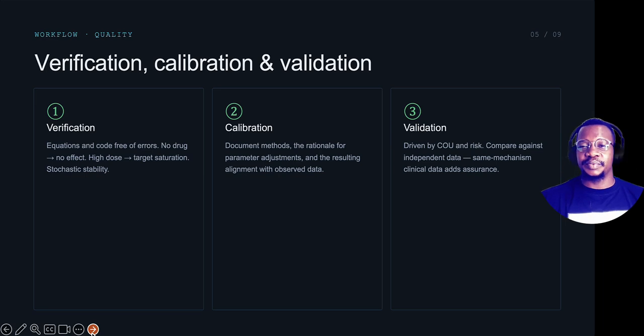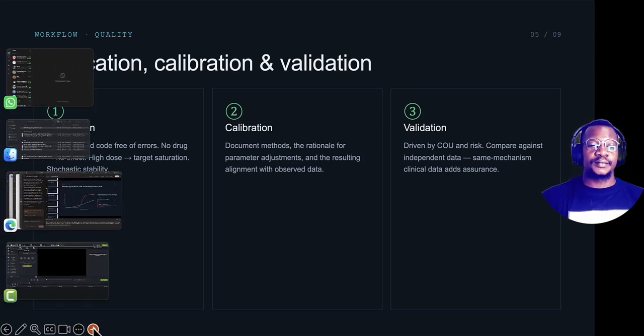Compare against independent data. Same mechanism, clinical data adds assurance. What that means is look at scientific papers. Is there someone or a group of people who have work on the same? Do they match? Do they make sense? Is your evidence sound enough in comparison to already written work?